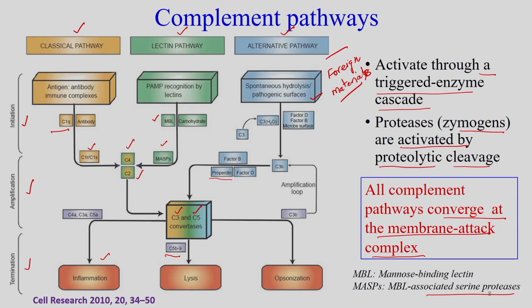These inflammations come from cascades of steps, or cascades of enzymes involved in that inflammation, and then we also quickly discussed the complement pathways which activate the inflammation or lysis or the opsonization.